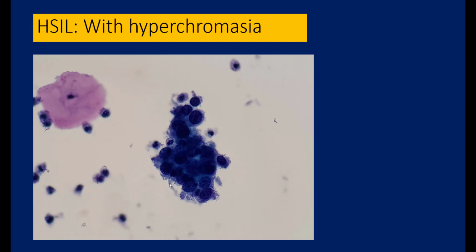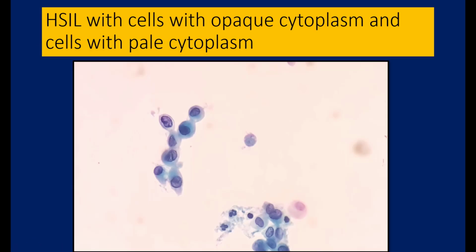We went and looked at it because of the projection, but this is a high-grade cell with a high nucleocytoplasmic ratio and hyperchromasia. Now, sometimes the HSIL cells can have opaque cytoplasm, or pale cytoplasm, and here in this particular picture you have both kinds of appearances of the cytoplasm, both opaque as well as pale cytoplasm.